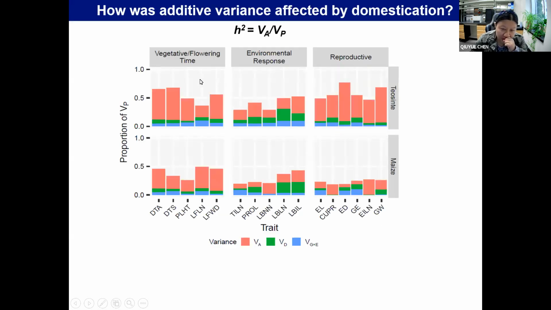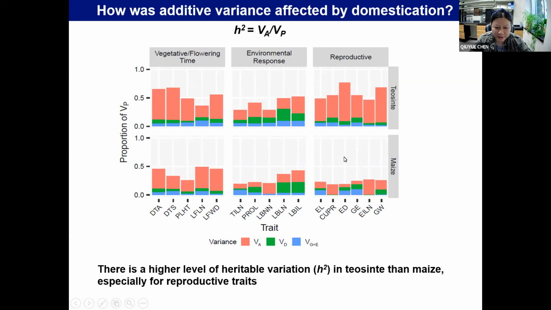So first, how was the additive genetic variance affected by domestication? By plotting the proportion of phenotypic variance for both teosinte and maize, we can find that there is a higher level of heritable additive variance in teosinte than maize, especially for the reproductive traits.